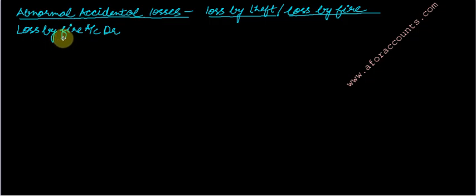But what is the actual loss by fire? It is my goods. The purchase which I have made has been lost or destroyed by fire. So here those are recorded in trading account. So I will credit trading account and not P&L account. A point to be noted here: trading account.